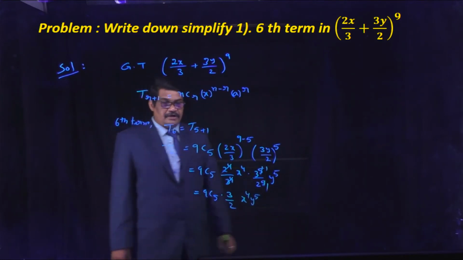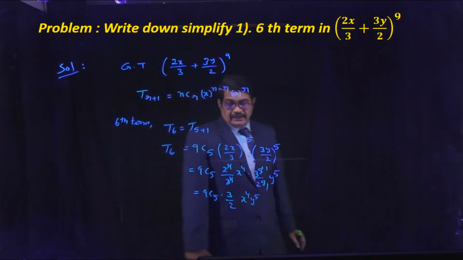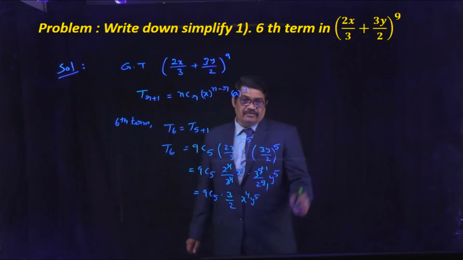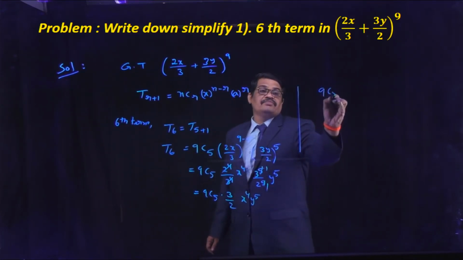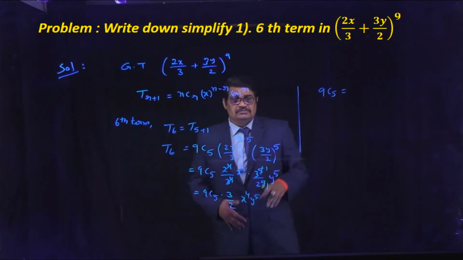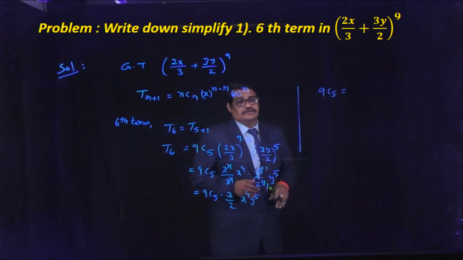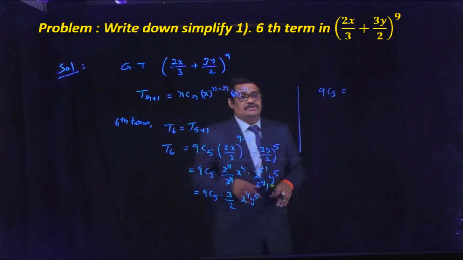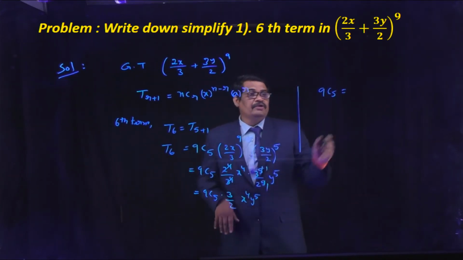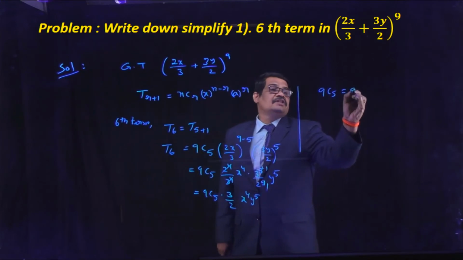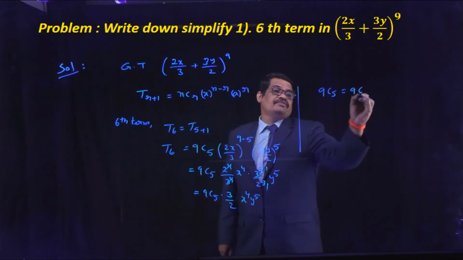Now we are calculating this value, 9C5. What is 9C5? We study these values in permutations and combinations. How to get the value? Here 9C5 is nothing but 9C(9 minus 5), that is 9C4.